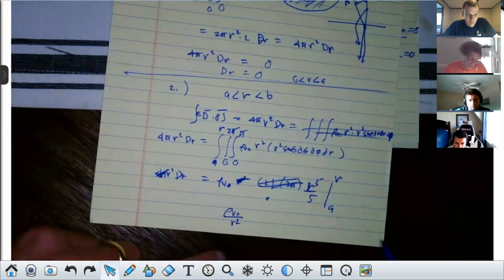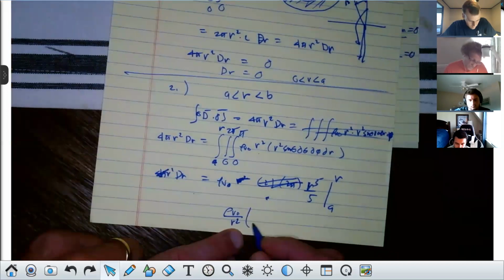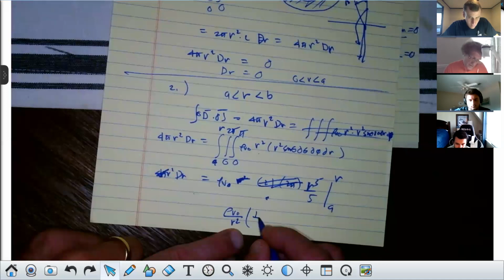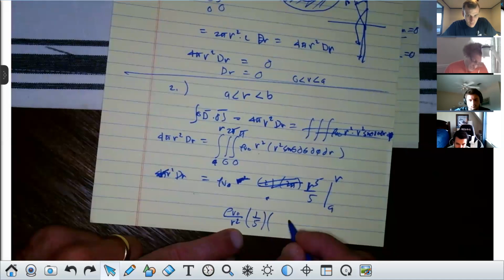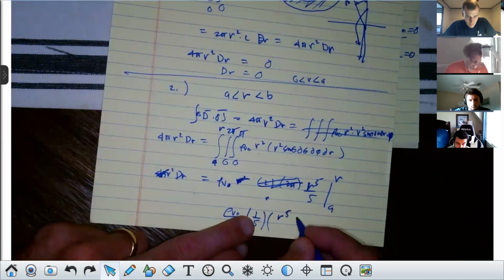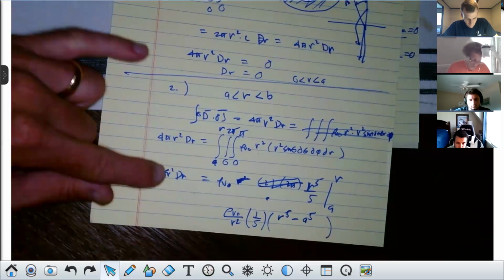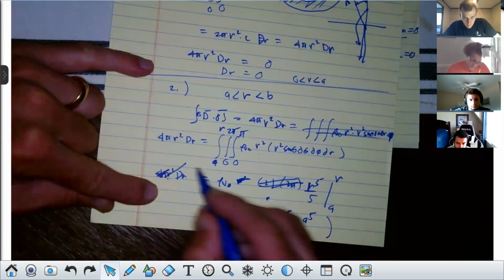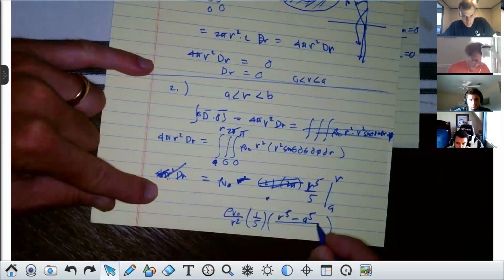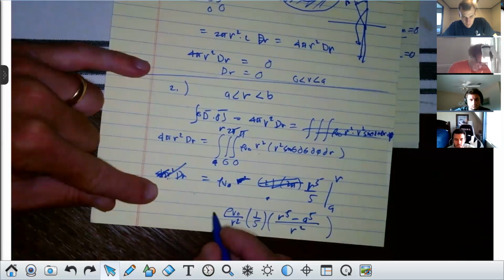And then when I do this, I'm going to have 1/5, and I have r to the 5th minus a to the 5th, right? Right there. And then I divide that by r squared. And that is D of R.